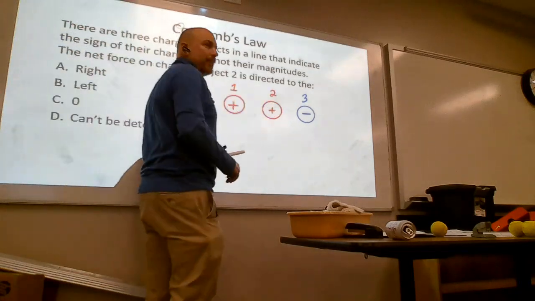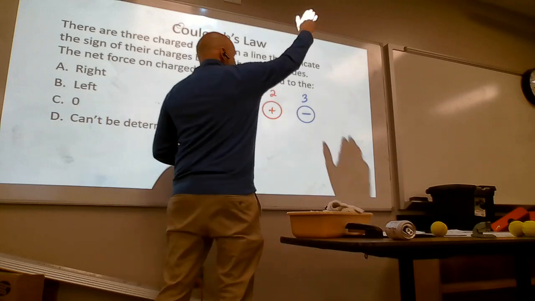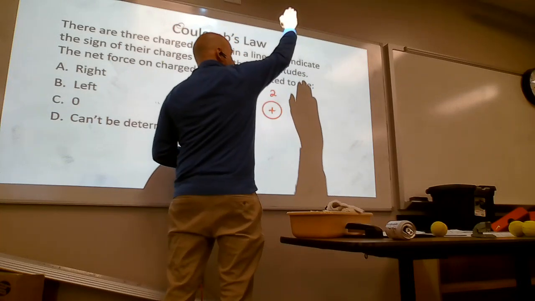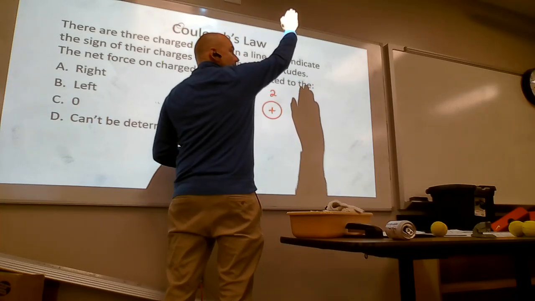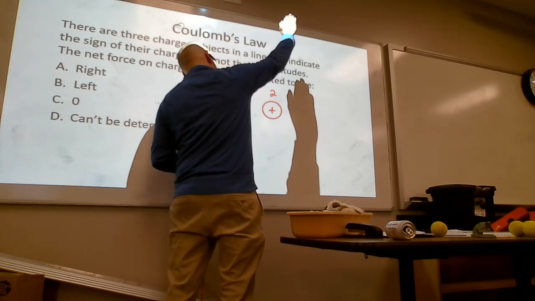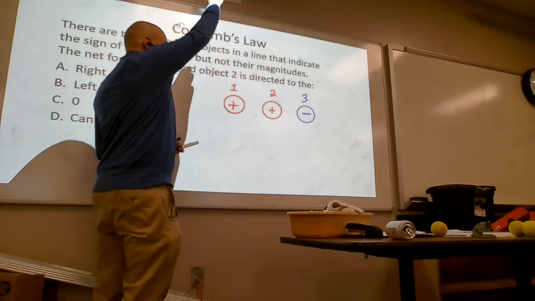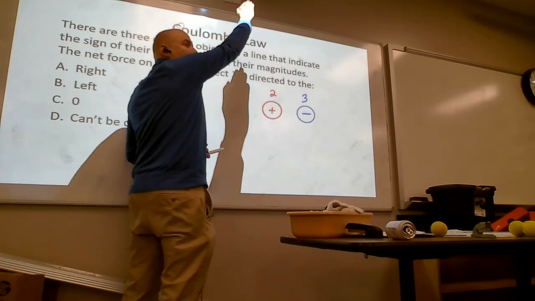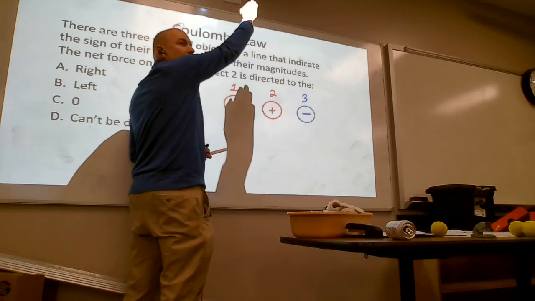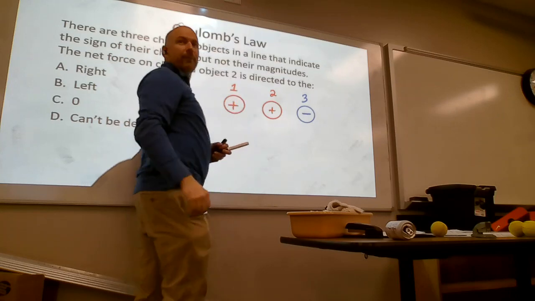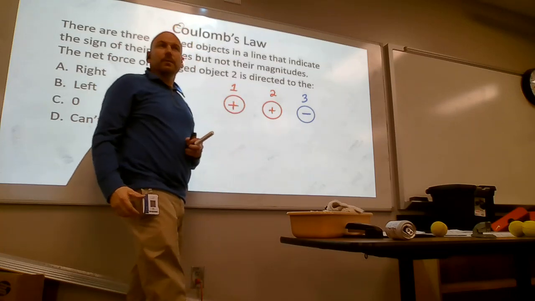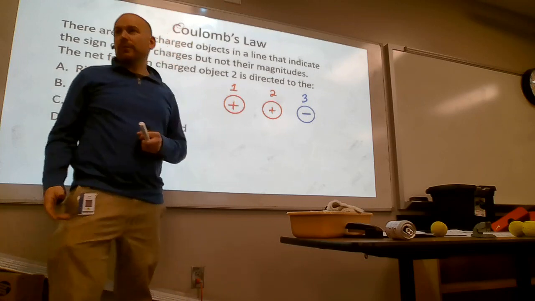What we're going to do is take it in pairs. We're going to ignore object 3, figure out the force between 1 and 2. Then we're going to ignore object 1 and figure out the force between 2 and 3. And then we're going to find the resultant of those two forces.